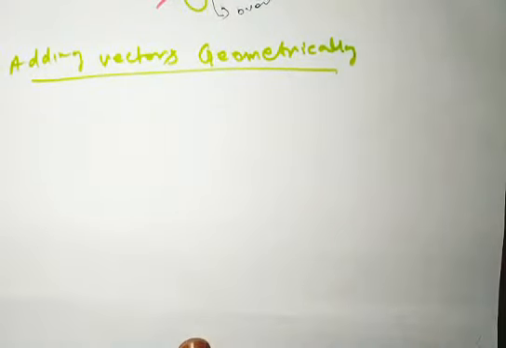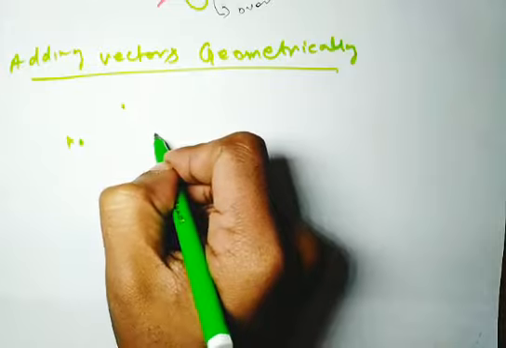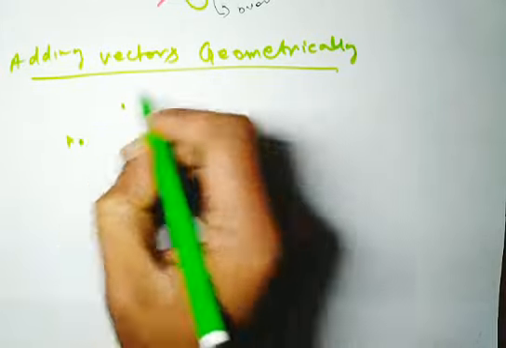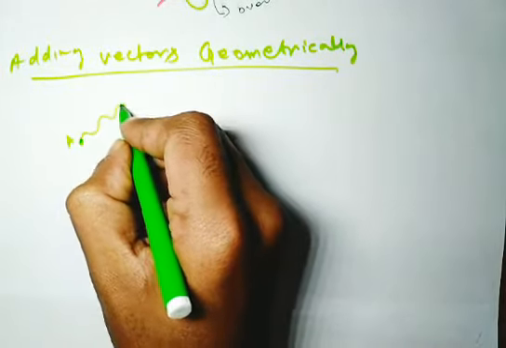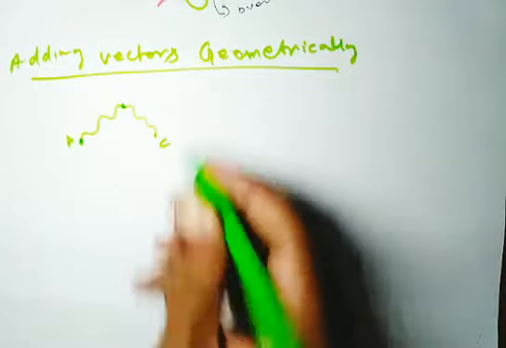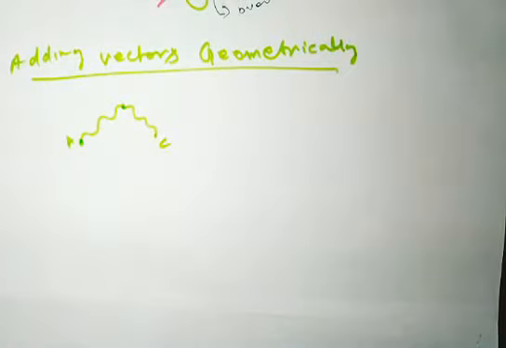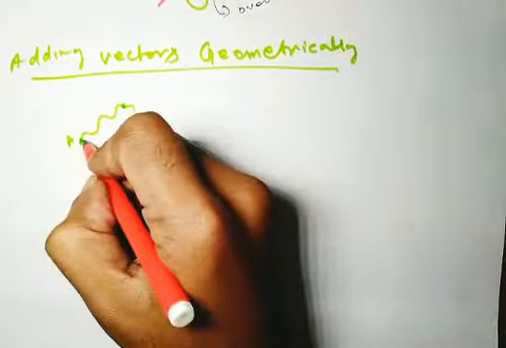So let us consider points A, B and C. This is the actual path. We can say this is vector A, this is vector B, the displacement.